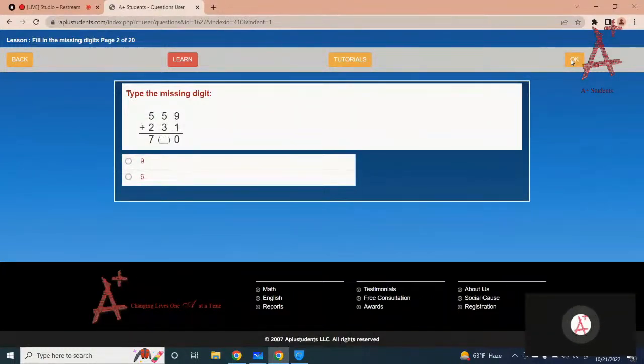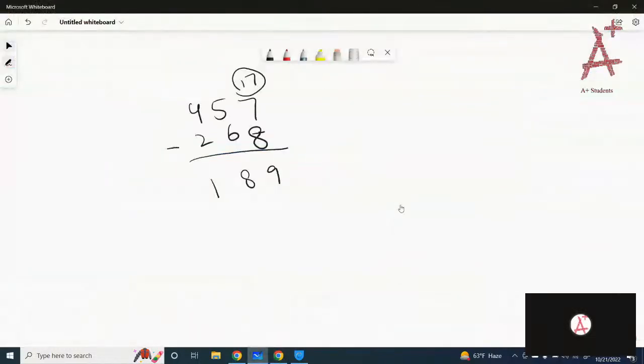Okay, the next one is type the missing number: 559 plus 231. Let me write it down on board. 559 plus 231, and here you have 0, the missing number, and 5 plus 2 is 7.